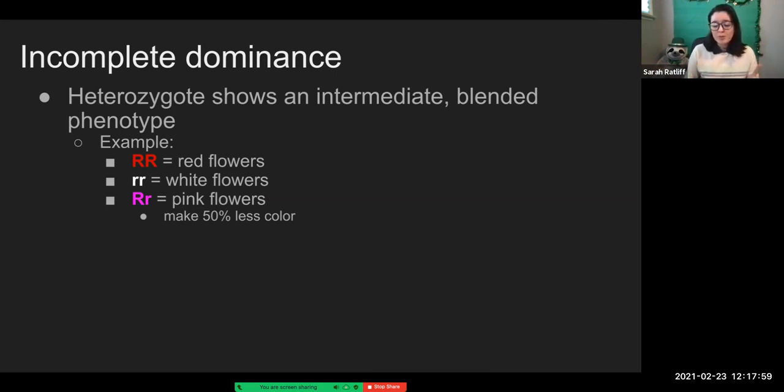Before I show you the pictures, there is another way that incomplete dominance can be written. The dominant stays the same, big R. Then things can get a little weird. We can have a different letter for the recessive color, so in this case, WW for white.